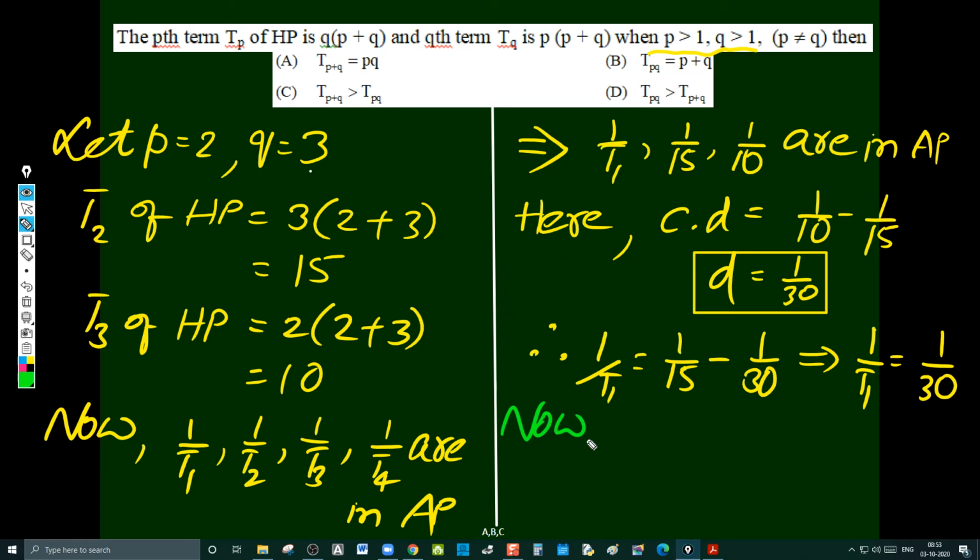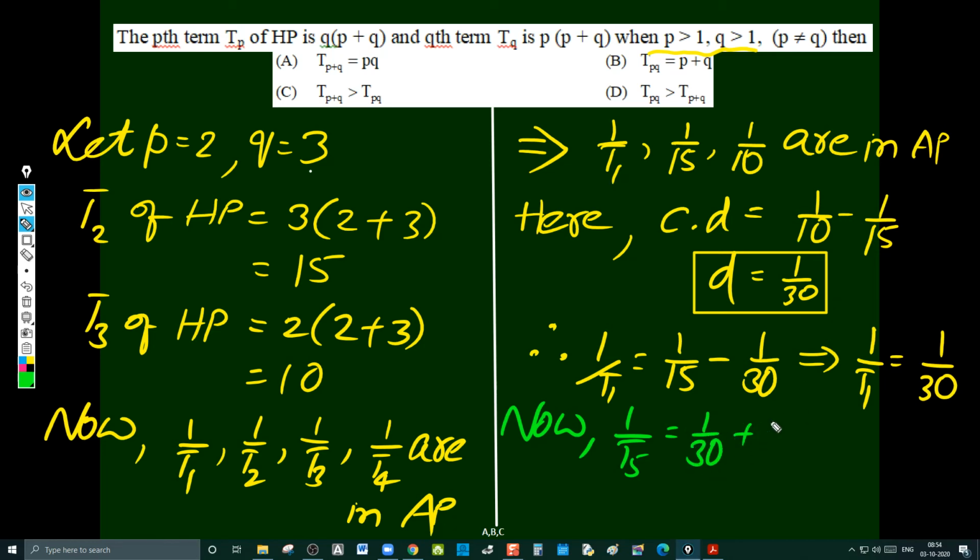P plus Q is nothing but T5 is equal to, it is in HP. Let us write it in AP now directly. 1 by T5 is equal to first term 1 by 30 plus 4 by 30.